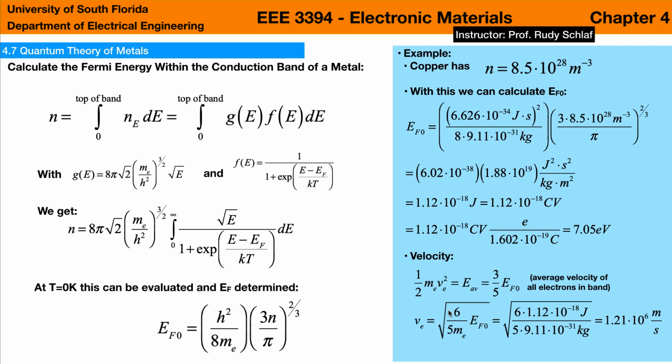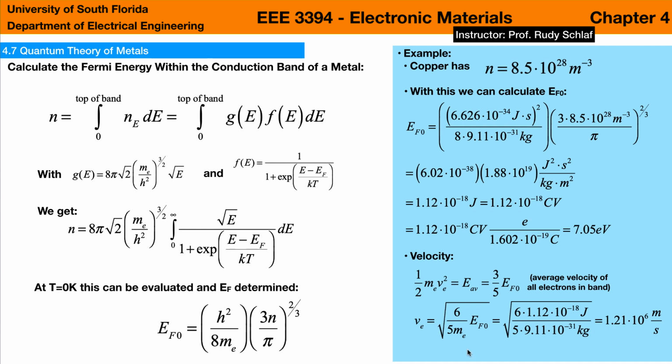And if you evaluate this and solve it for the velocity with the energy that we just calculated here, we arrive at 1.21 times 10 to the 6 meters per second. It's interesting to consider this in relation to a typical drift velocity in a circuit, which is around 10 to the third meters per second, 1,000 meters per second. So this is several magnitudes faster than that drift velocity.